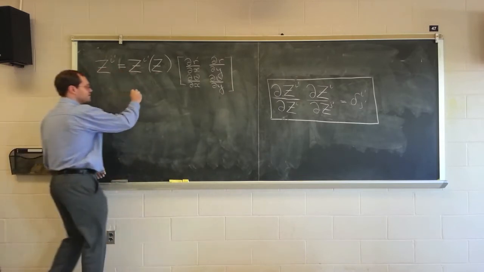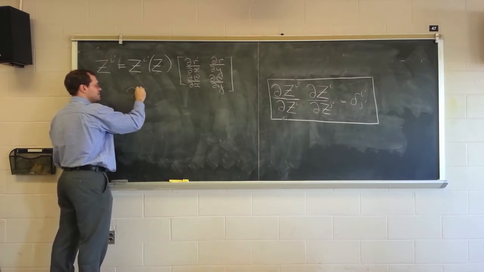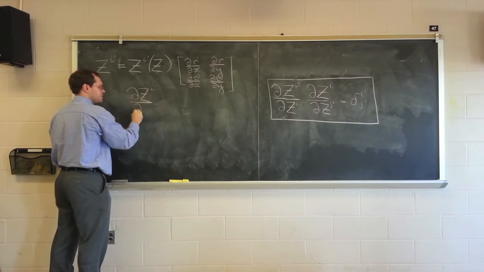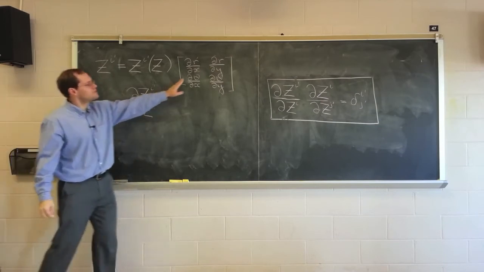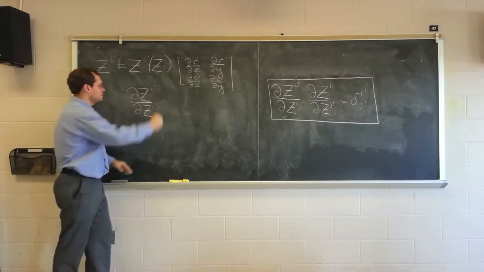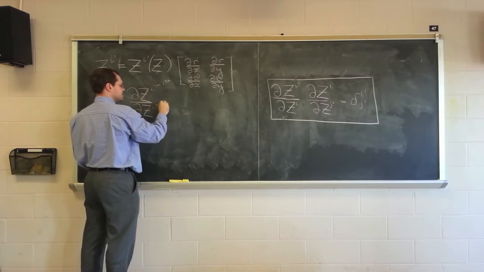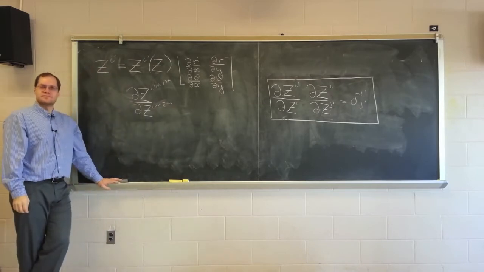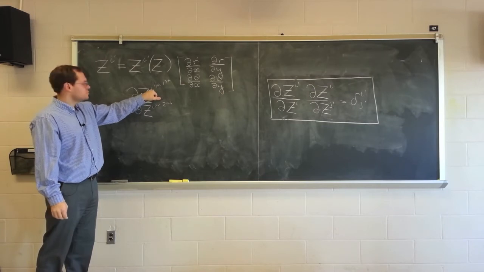So the Jacobian that I have over here is really represented by this. It's dz I prime, dz I. That's the representation of this matrix, where this index is first, and this index is second. Let's assume this is 1, which is r.